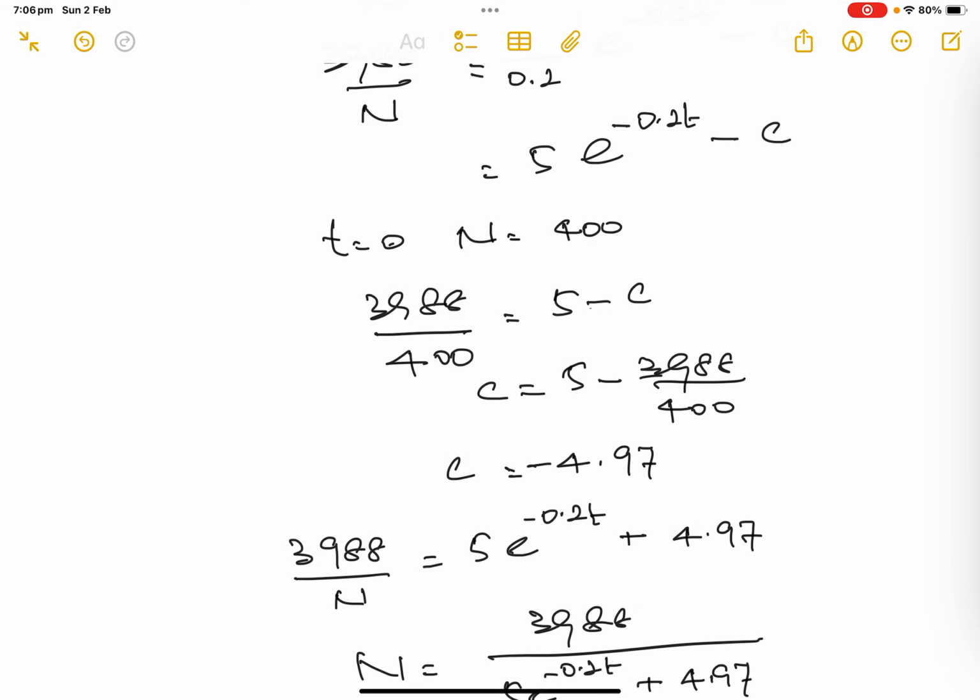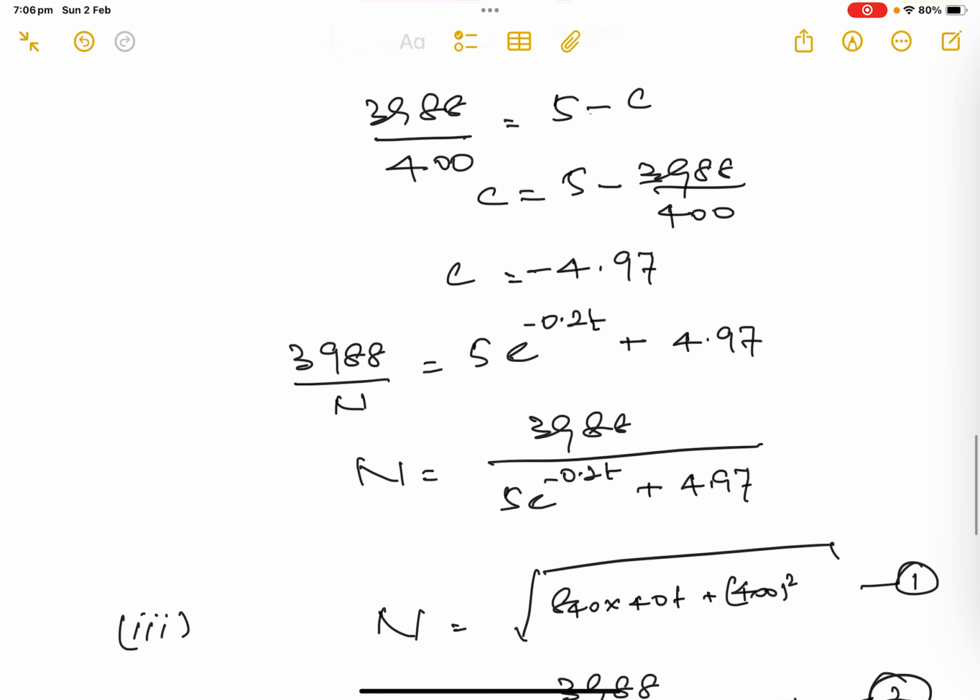So again, we know that when t equals 0, n equals 400. So substitute that: 3988 over 400, n equals 400, and t is 0. Therefore, e to the power of 0 is 1, only 5 minus c. From that we can find c. C is 5 minus 3988 over 400.